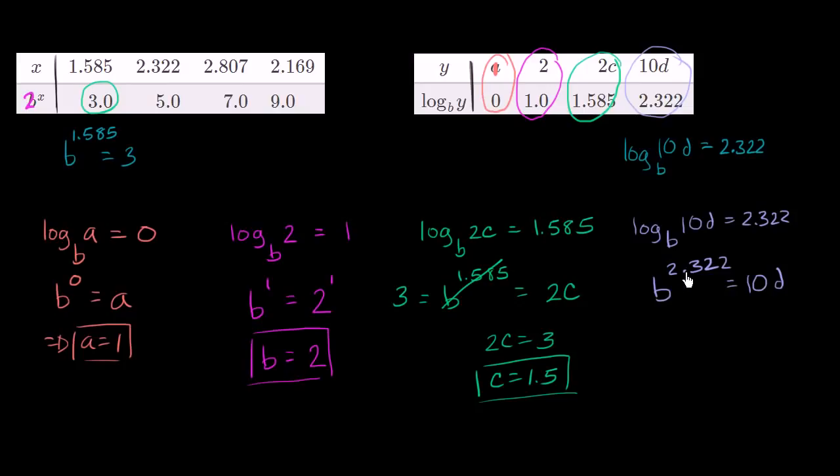Now what is b to the 2.322? Well, they tell us over here, b to the 2.322 is 5. So 10d is equal to 5, or divide both sides by 10, d is equal to 0.5. And we're done. We were able to figure out what A, B, C, and D are without the use of a calculator.